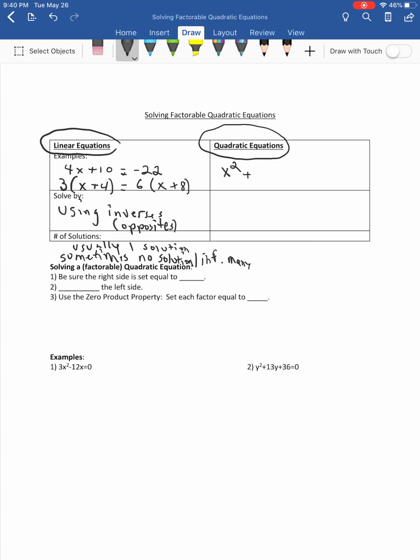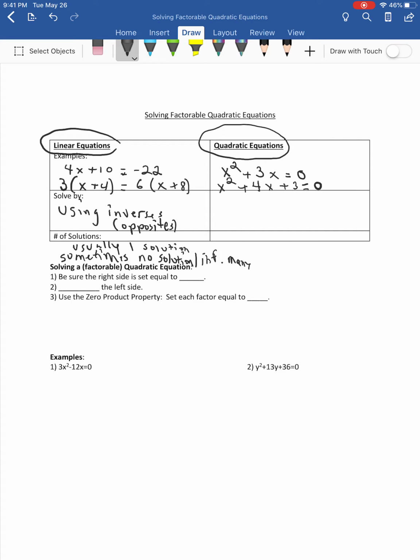x squared plus 3x equals 0. x squared plus 4x plus 3 equals 0.